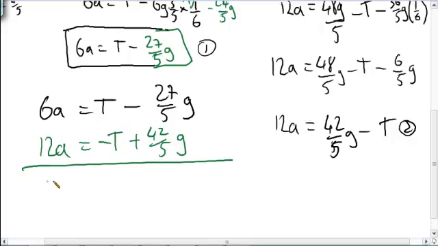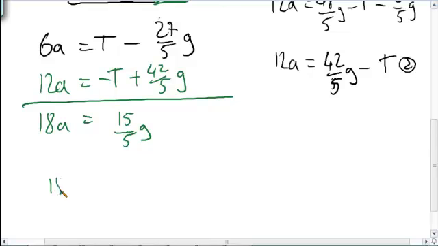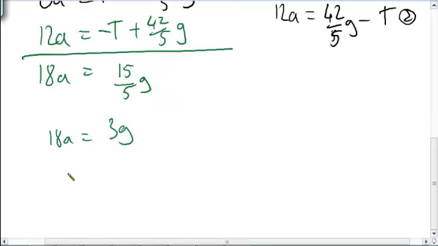Now, adding these, you get 18A, and T minus T cancel, so we've got rid of them. 27 from 42 is 15 over 5G. So 18A will be equal to 3G, or A will be equal to, divide both sides by 3 and then divide across, G over 6.